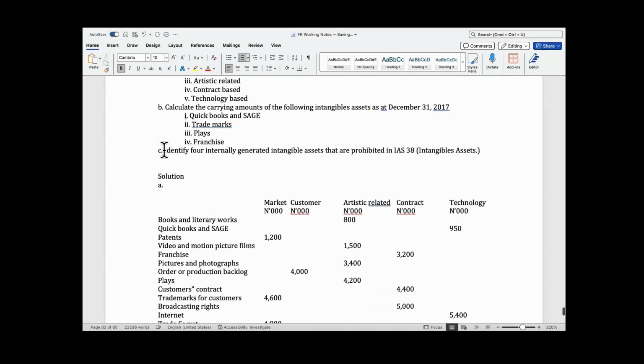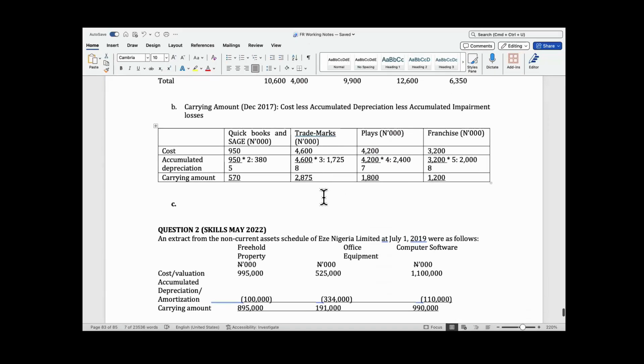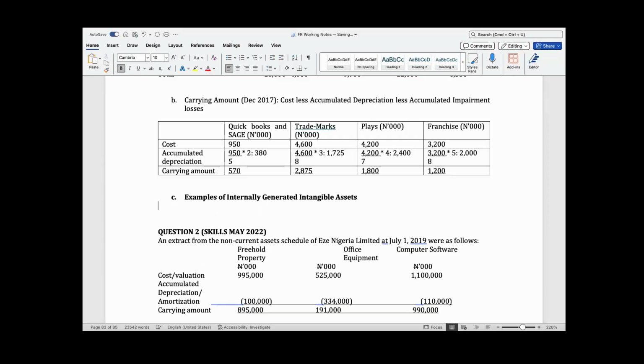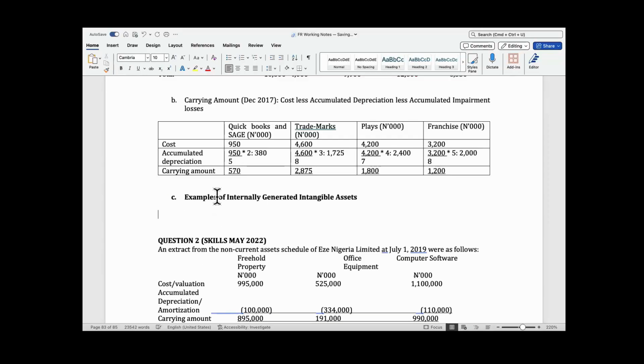Then C, they said identify 4 internally generated intangible assets that are prohibited in IAS. Okay, who can give? Let's get examples of internally generated intangible assets. Okay, 1.